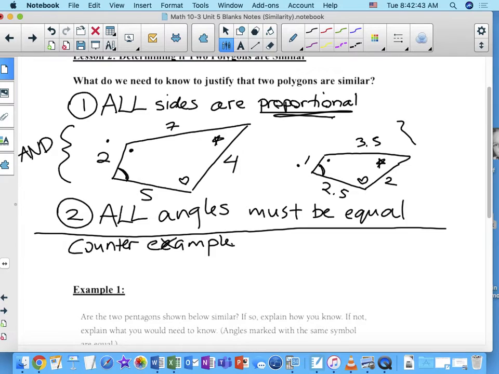Okay, and I think I actually may have shown you this yesterday really briefly, but if you took something like this, where you have, let's say, a rectangle that's 1 by 2. So this is a rectangle, and it's 1 by 2. Let's say you double the side length, and now you make it 2 by 4, but instead of making it a rectangle, you make it into a parallelogram.